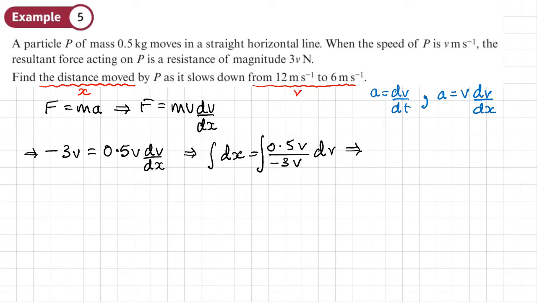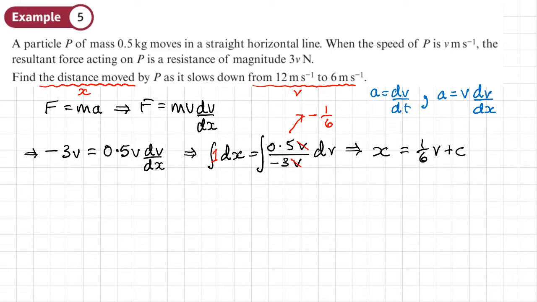If we integrate the left hand side, that just becomes x, because there's an invisible 1 there. Then on the other side, if we simplify it, the v's will cancel out, and this fraction becomes minus 1/6, 0.5 divided by minus 3. Integrating that side, we have x equal to minus 1/6 v plus c, our constant of integration.